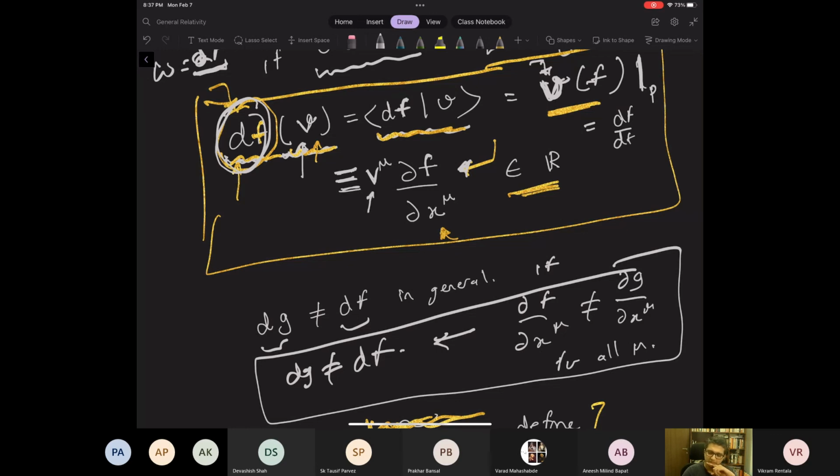If partial f partial x mu is the same as partial g partial x mu, then you will get exactly the same dual vector. Otherwise, you'll get a different dual vector. This is what Varad was saying also, that they only differ by a constant in terms of coordinates.